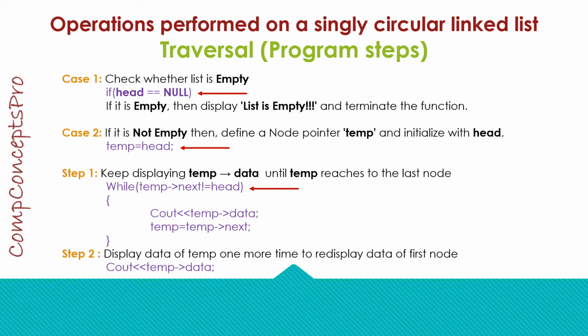Here, the while loop will not terminate when the temp reaches null, which denoted the last node for a non-circular list. On the contrary, here it will end when temp again reaches head, which is the first node, because the next pointer of the last node points to the first node in case of a circular linked list.